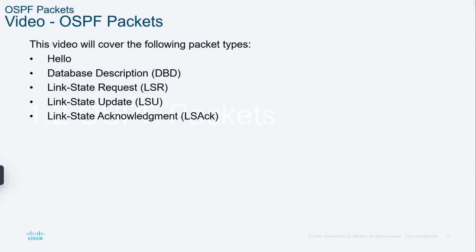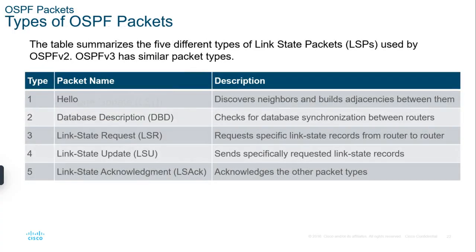As for OSPF packets, there is a video here that will demonstrate and help you understand the hello packets, the database description packets, link state request packets, update packets, and link state advertisement.